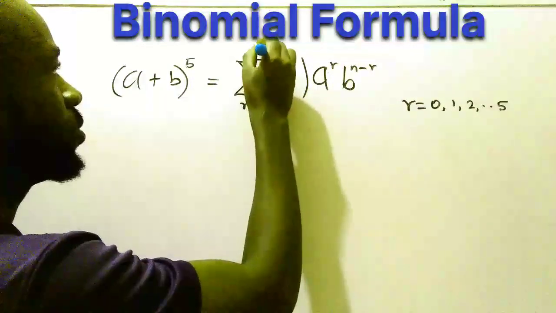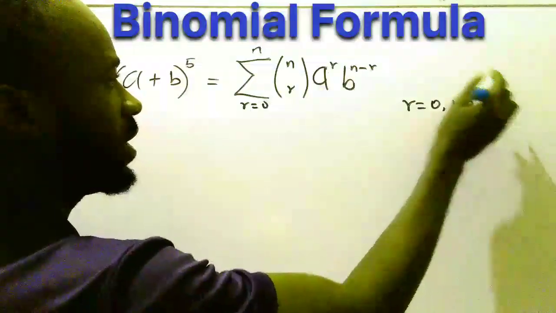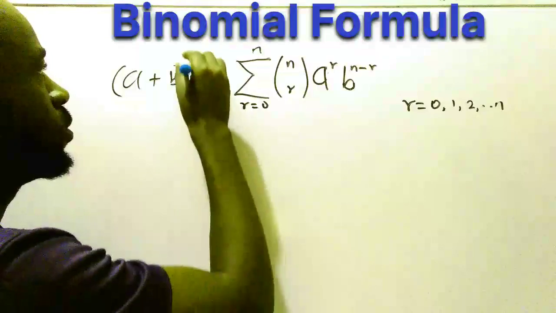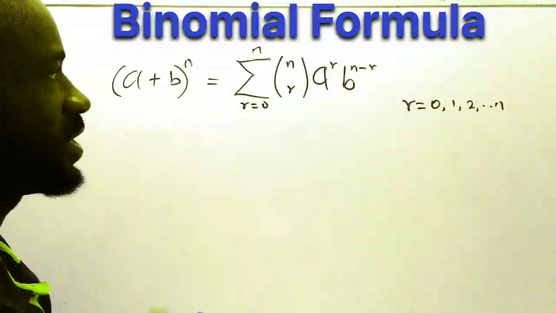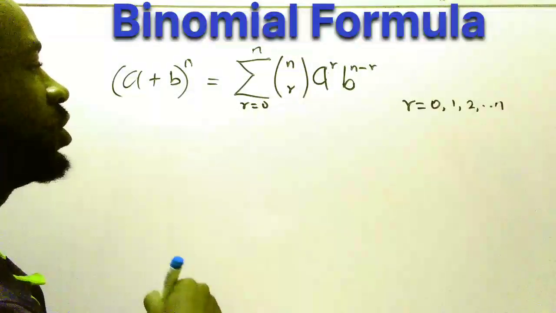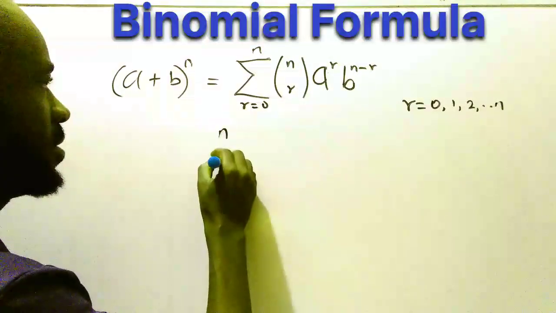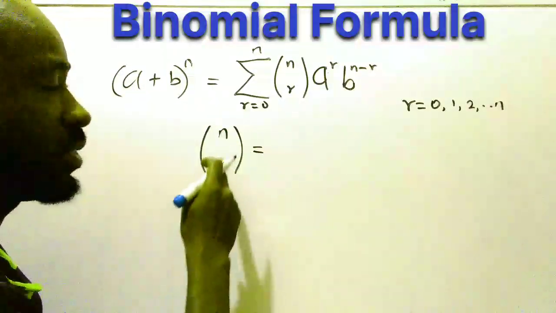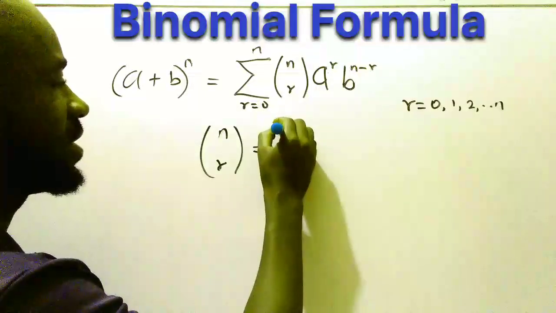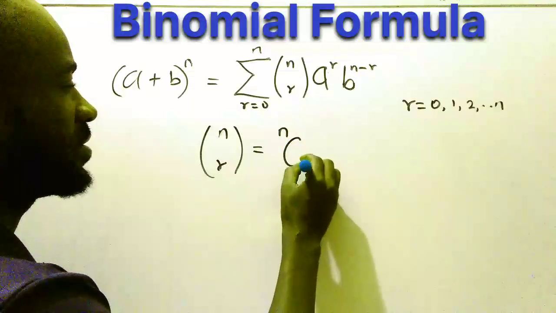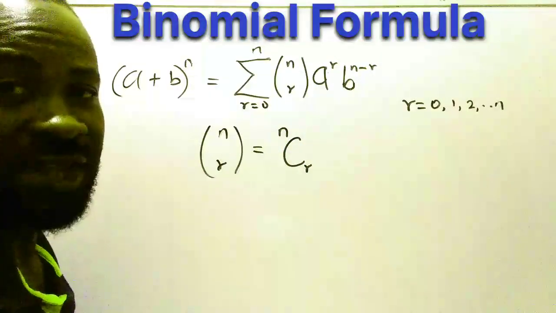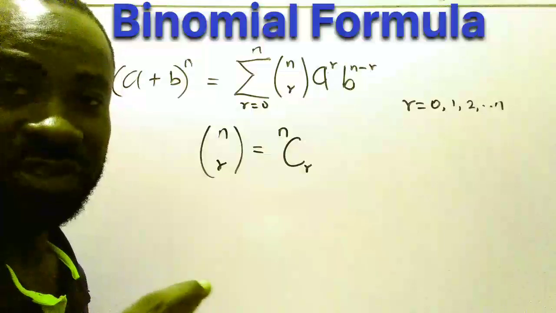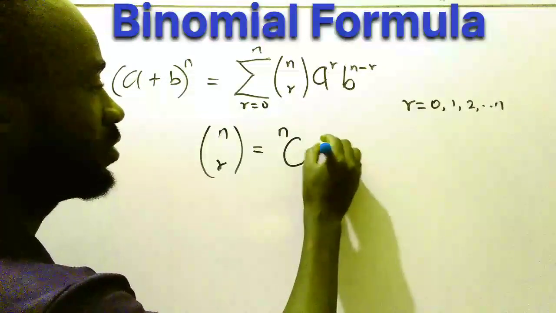Let me go back to my original n. Another thing we have to note is that this combination, this n r in a bracket, is combination. Sometimes it is written as n C r. So these two things are the same. If you haven't learned combination and permutation, you may not understand what we're doing.